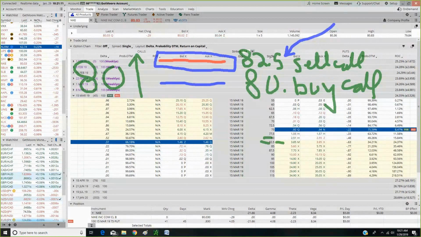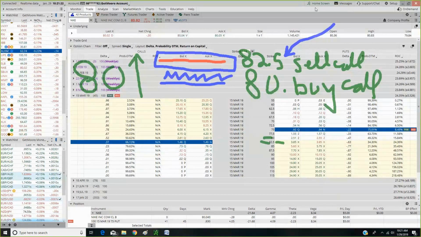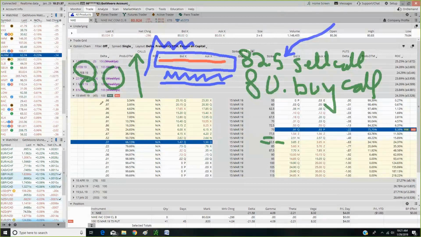I'm buying the call and selling the call, so the distance in between is my maximum gain. Don't worry about that because the platform will show you. All you need to know is whatever strike you're selling, as long as the stock stays above 82.5 by expiration, you're going to get maximum gain.